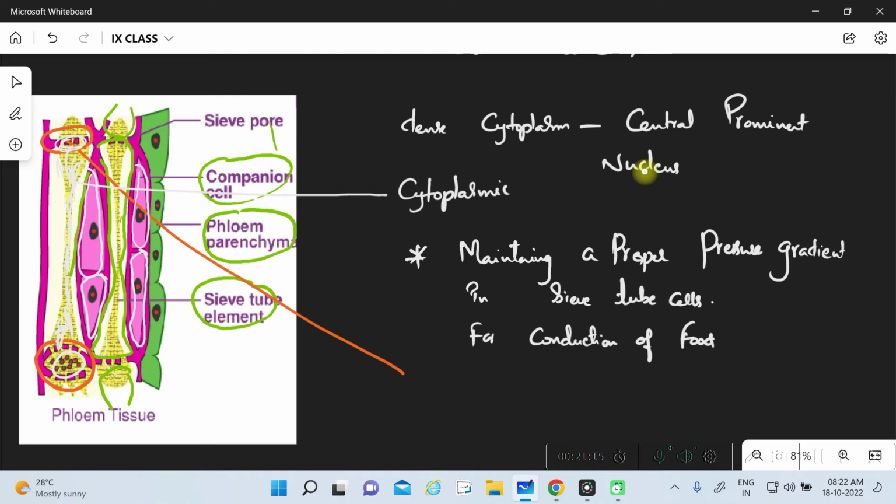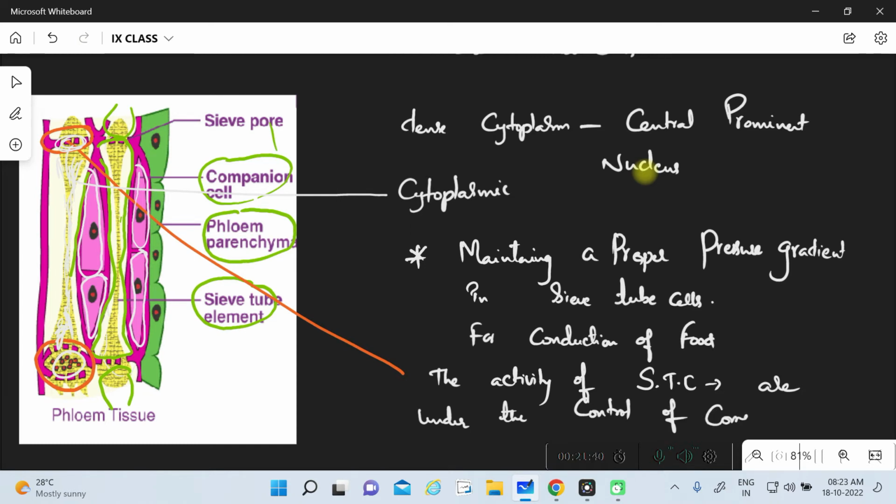This is very important: the activity of sieve tube cells is under the control of companion cell nucleus.